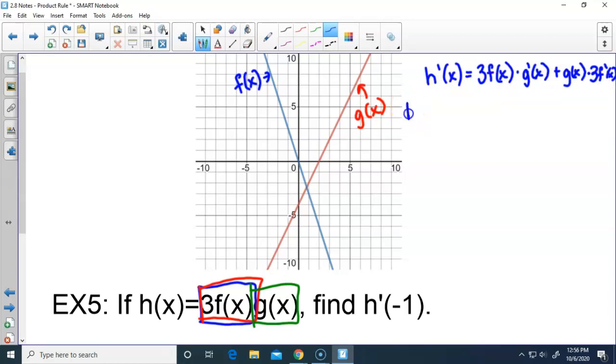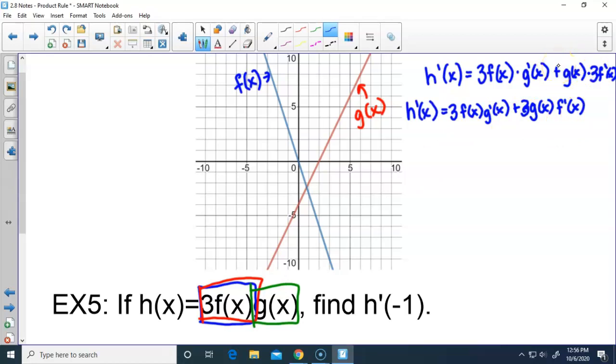We can clean it up a little bit and write it like this: 3f of x g prime of x plus 3g of x times f prime of x. Not much cleanup to do there, but this pulls that coefficient out front.